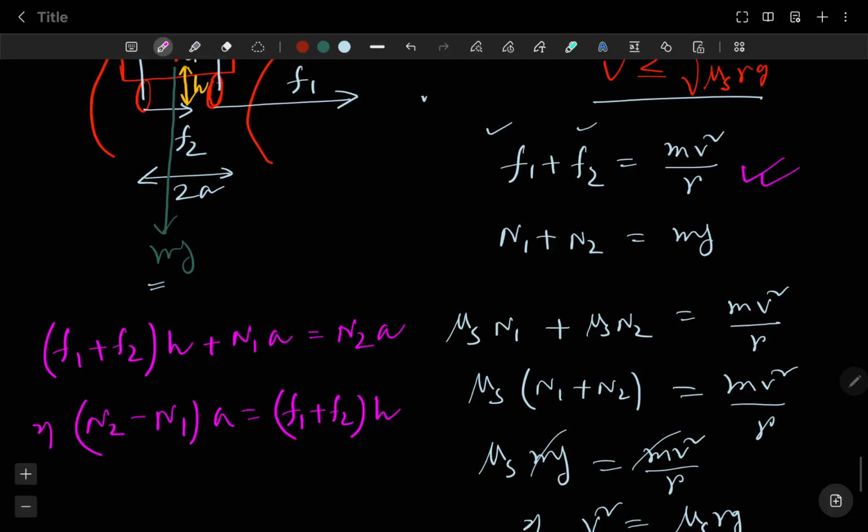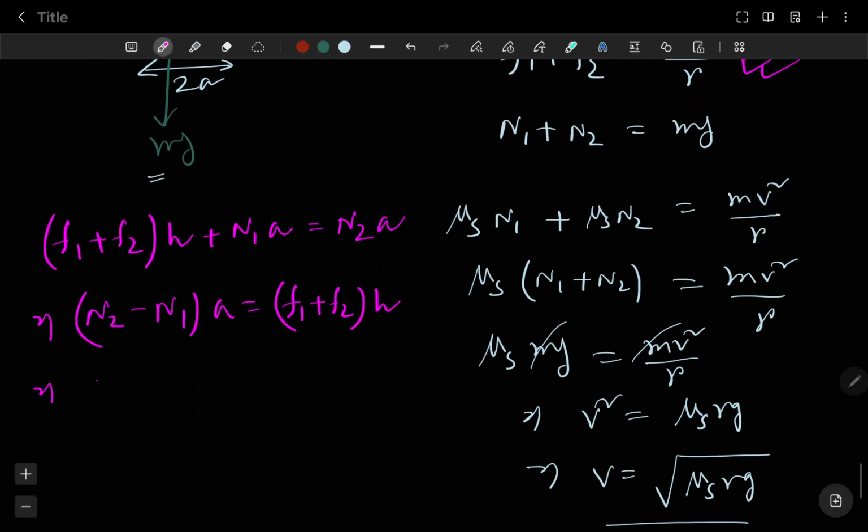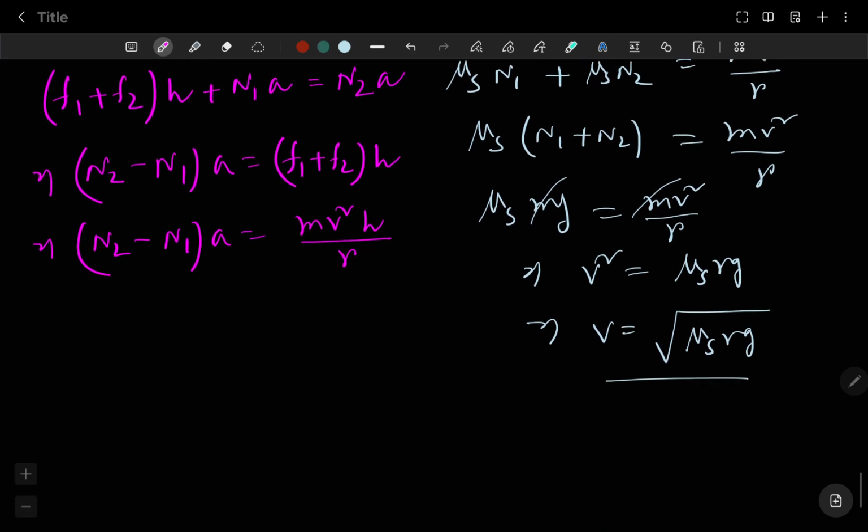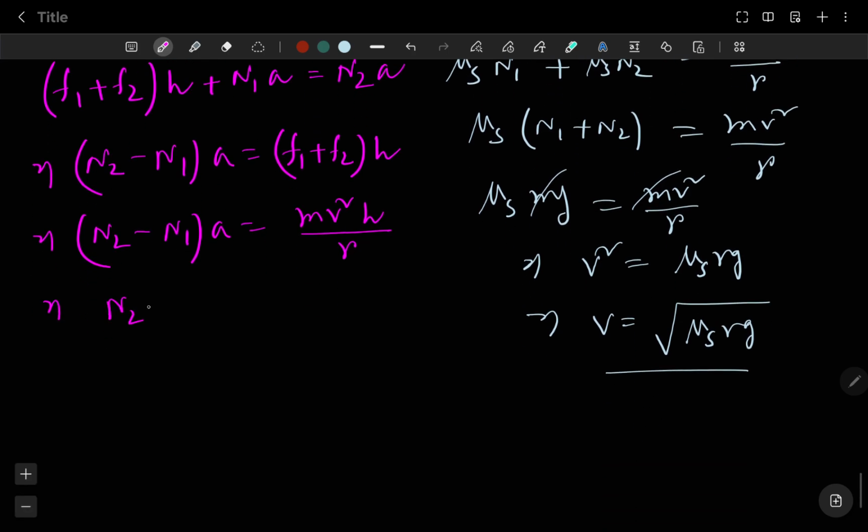It is mv square by R. So N2 minus N1 into A is mv square H by R. So N2 minus N1 is mv square H by AR.